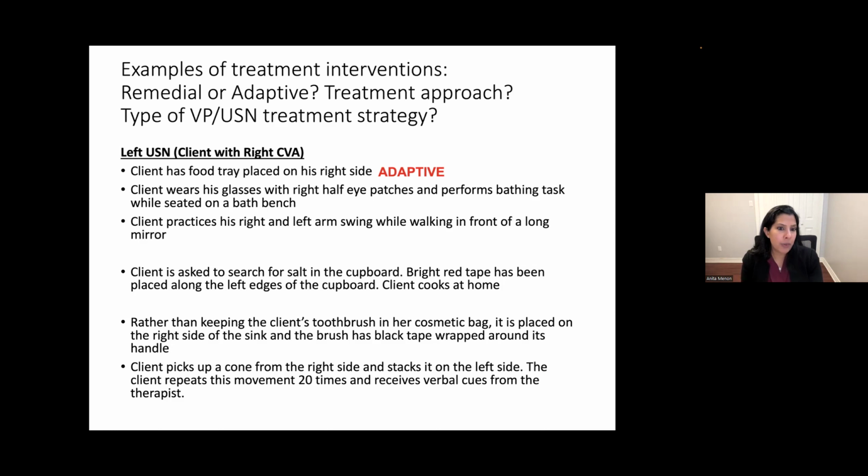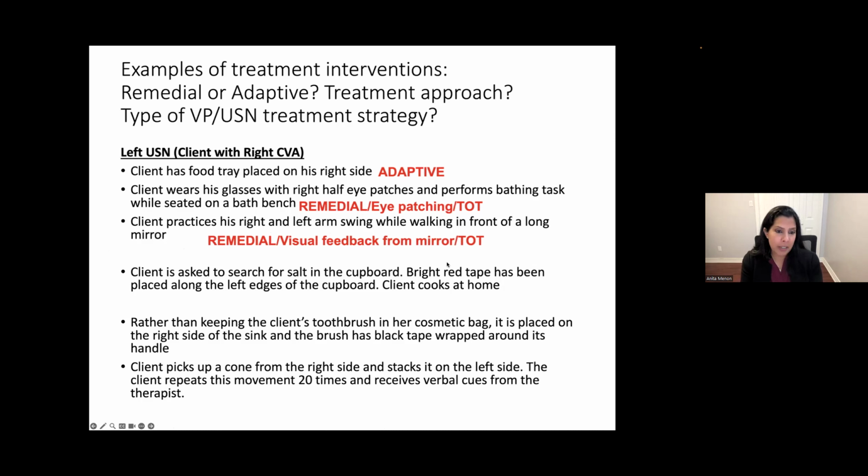A client wears his glasses with right half eye patches and performs a bathing task while seated on a bench. In this case, it's a remedial approach, using eye patching, and it's task-oriented because we're having the client do a functional, occupation-based task. And finally, a client practices his right and left arm swing while walking in front of a long mirror, using visual feedback from the mirror.